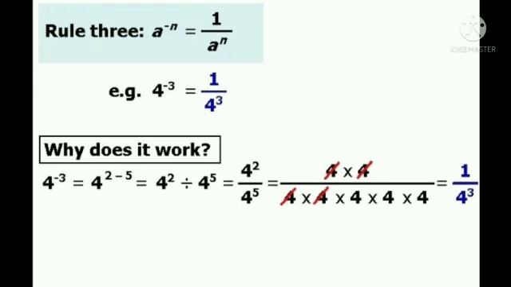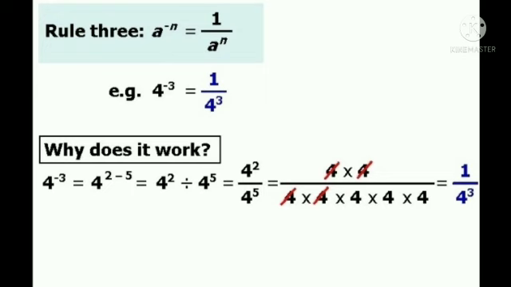Now the next rule we will see: if your index is negative, how to make your index positive. Whenever your index is negative, you just have to write 1 as your numerator, and your base and index will come in the denominator. For example, here it is given 4 raised to minus 3. You will write 1 as your numerator and in your denominator you will write your base and index, but there your index will be positive.